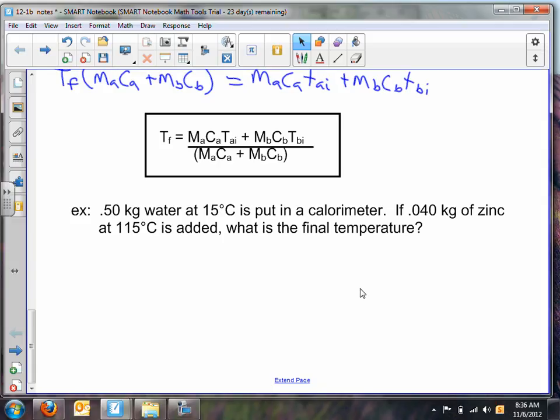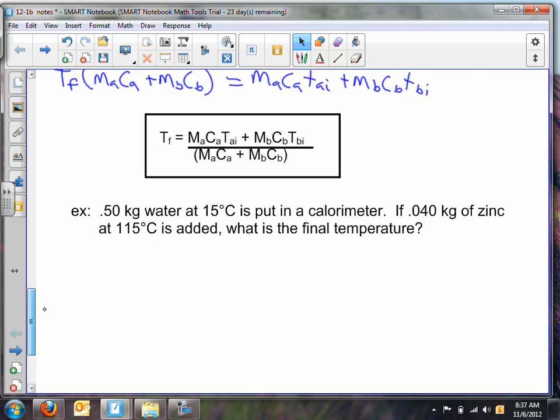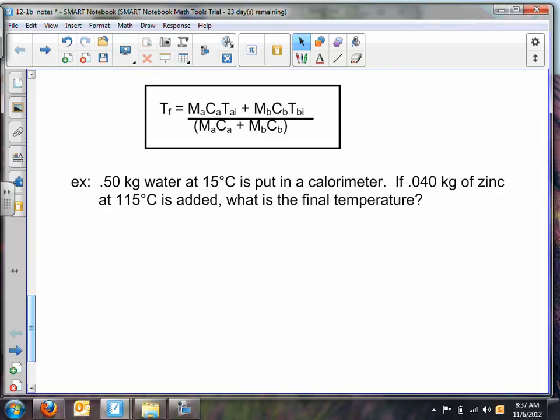Well, without doing it, I know the temperature will be between 15 and 115. And I have a lot more water, so I would assume it would be closer to the 15. And zinc's specific heat is a lot less than water, so it doesn't carry as much energy in it. So hopefully my answer is somewhere down at the 15 degree or close to that original.